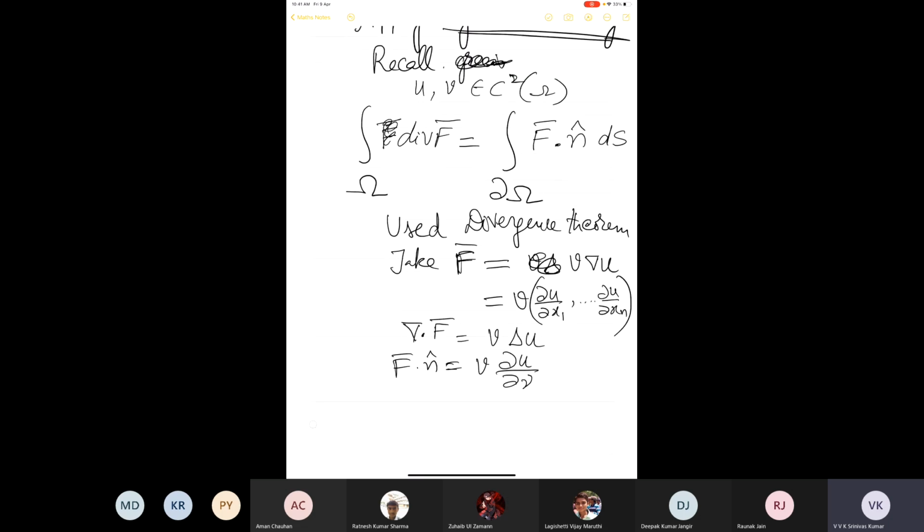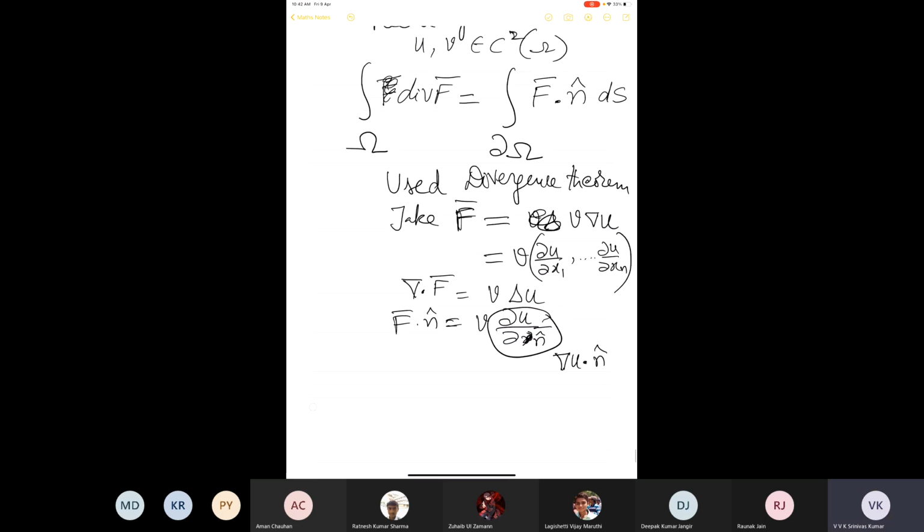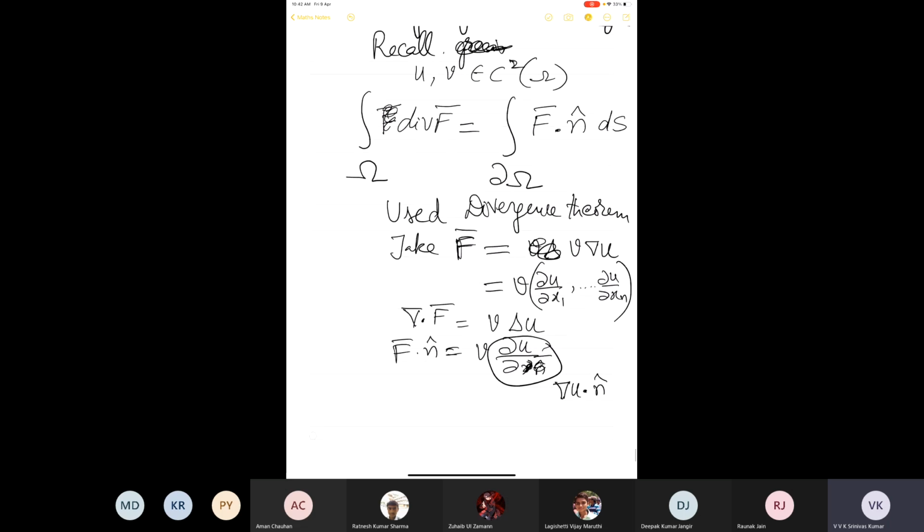Grad u dot n cap is the directional derivative in the direction of the outward normal.